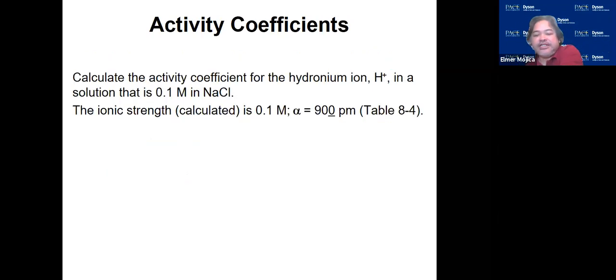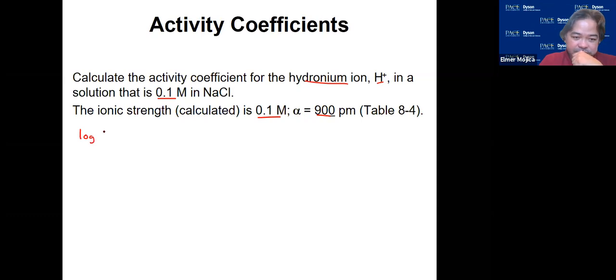So let's try determining the activity coefficient using the Debye-Hückel equation. You are asked to calculate the activity coefficient for the hydronium ion in a solution that is 0.1 molar in NaCl. The ionic strength is calculated as 0.1, and the size given is around 900 picometer.